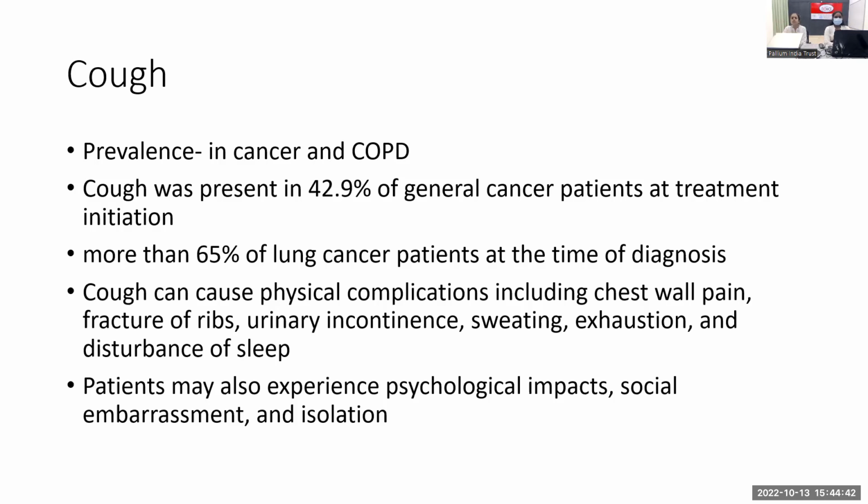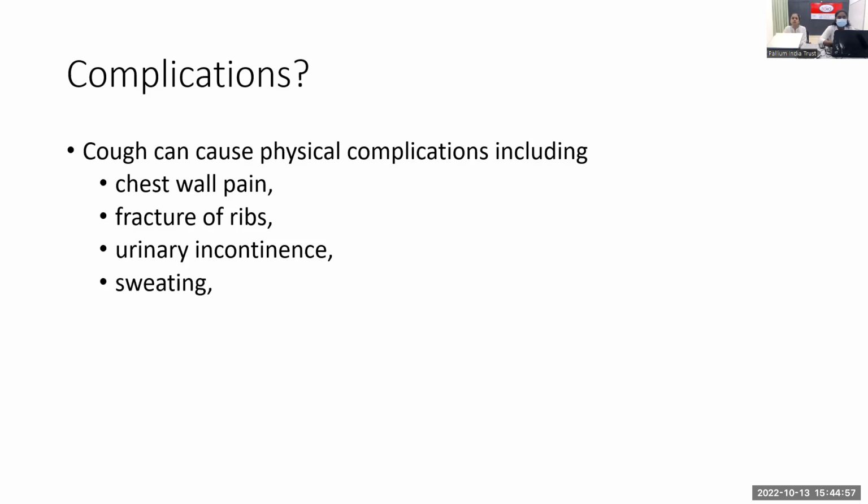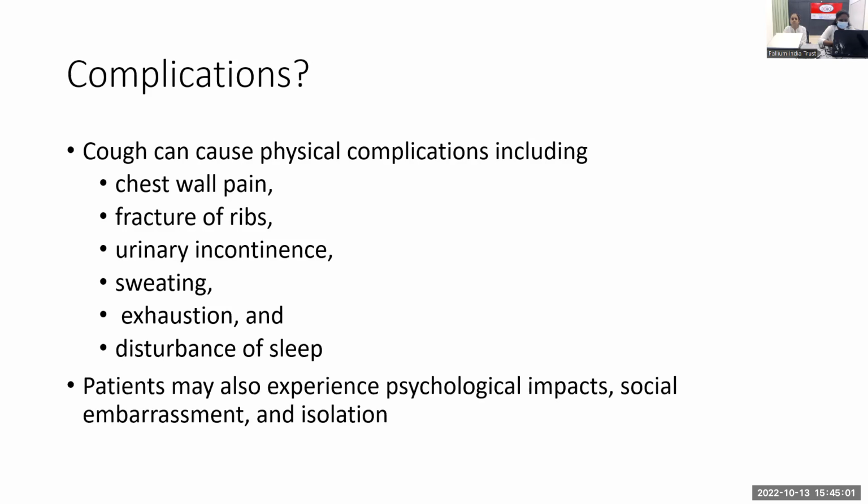So that is another symptom that is very difficult to manage and often seen in the palliative care setting. What are the complications? It can cause pain, rib fracture, which I have not seen. Urinary incontinence, yes, very commonly seen. With a lot of coughing, they have leakage of urine, sweating, exhaustion, and disturbance of sleep.